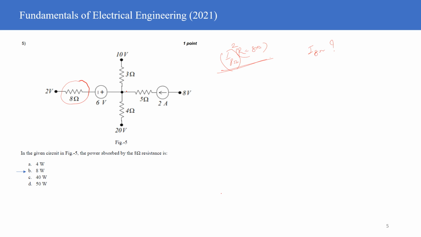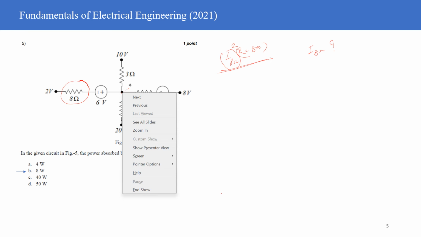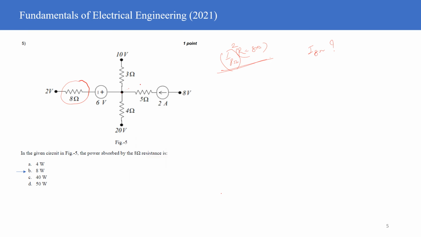So you need a sufficient understanding of circuits to identify which thing to apply when. Here clearly a node is visible to you, and this is the power which is there.